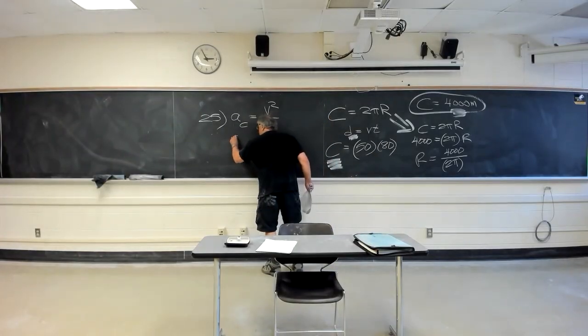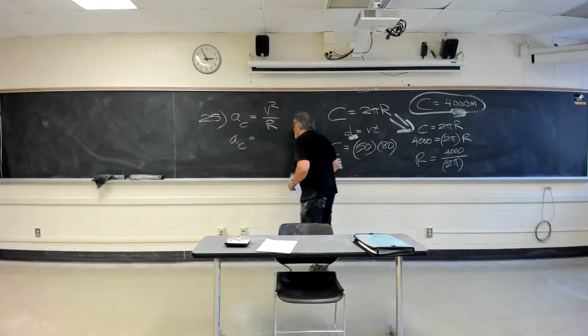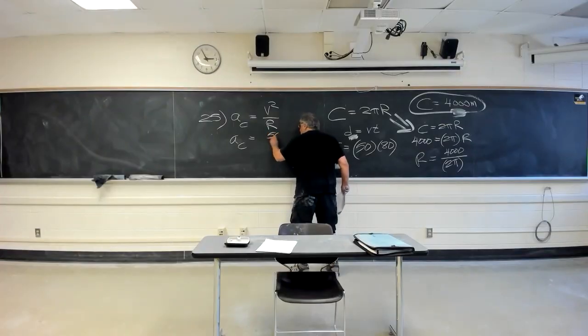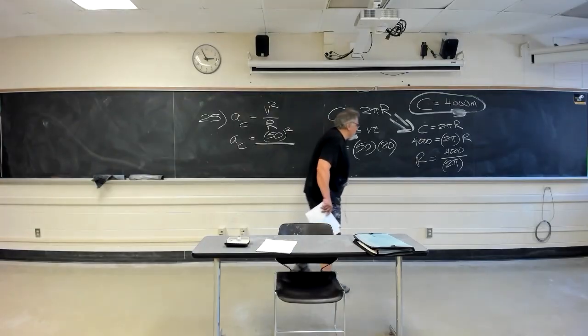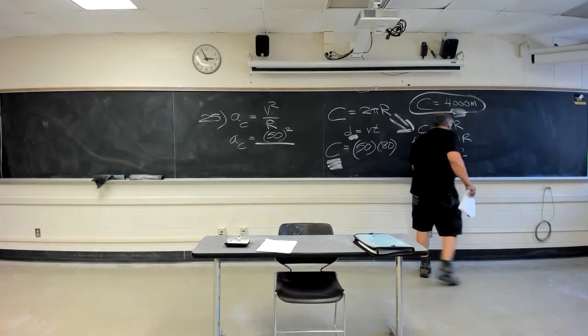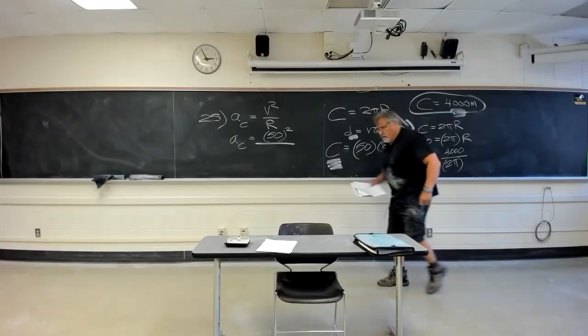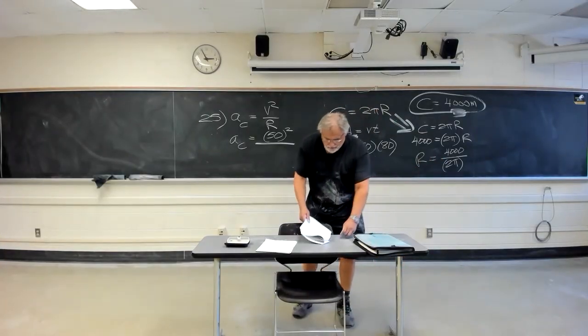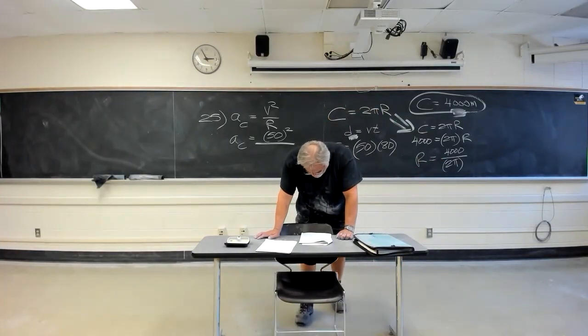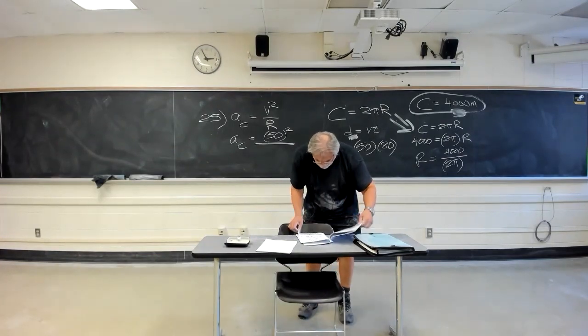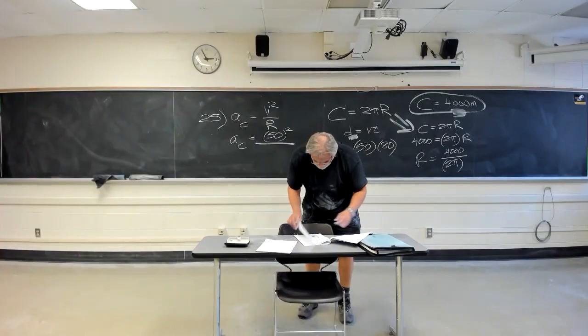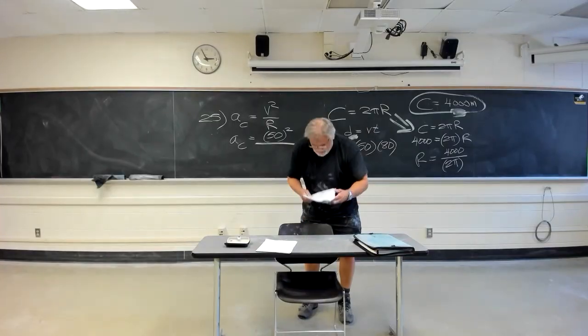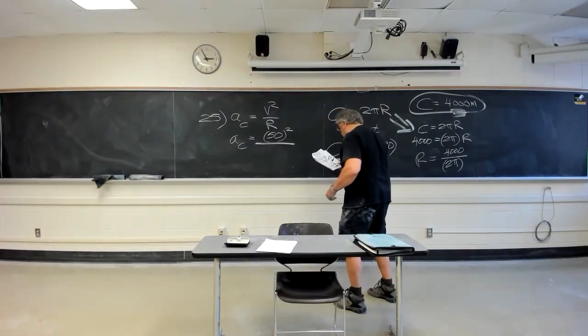So what you have here is v squared, which is 50 squared. R is going to be whatever that is. That's about 6 going into 4,000. We can kind of figure it out. Let's see what we got here. We got 636.2 meters.